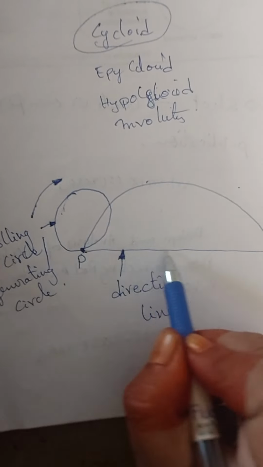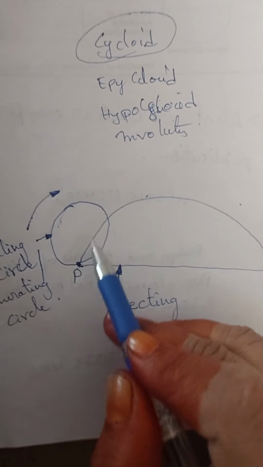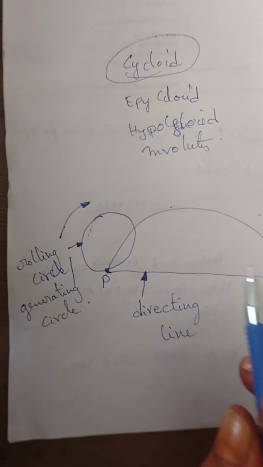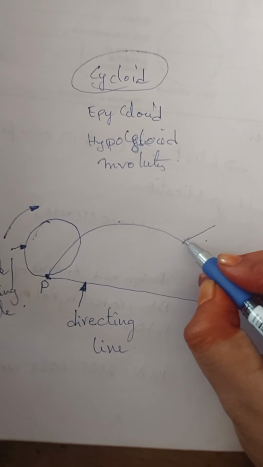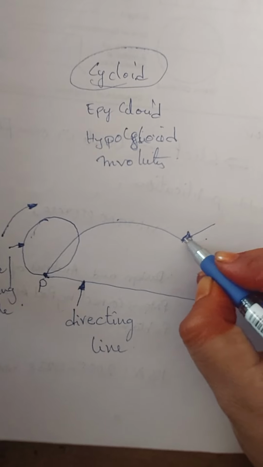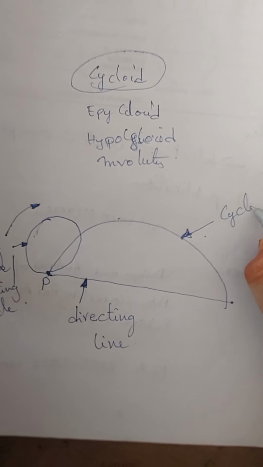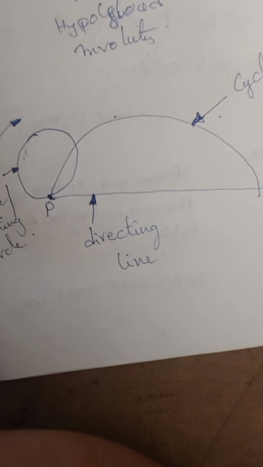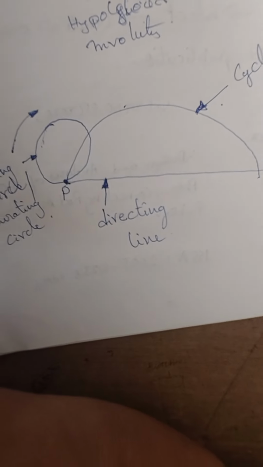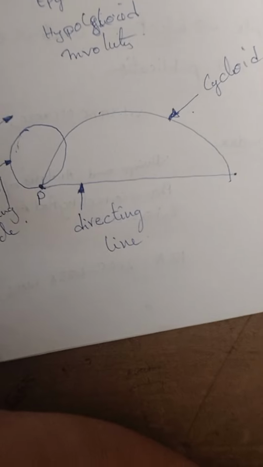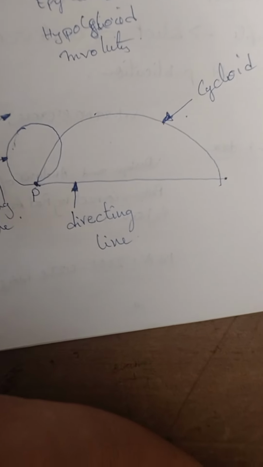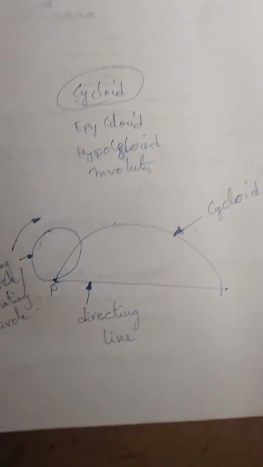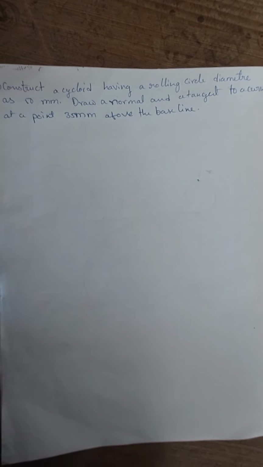Because the line directs the path of the circle in which direction to travel for one complete revolution. And the curve which we have seen in the figure is known as the cycloid. The use of the cycloid is to create the tooth profile for gears, which are used for the production of mechanical power. Okay, so let us see one example problem for the cycloid.